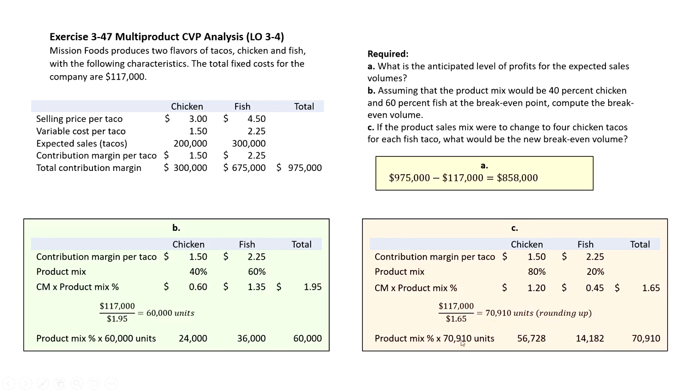So take that 70,910 times 80%. That means I'd have to sell 56,728 chicken tacos. 70,910 times 20%, and I would have to sell 14,182 fish tacos. So hopefully that helped you out with any problem areas that you had for this problem.